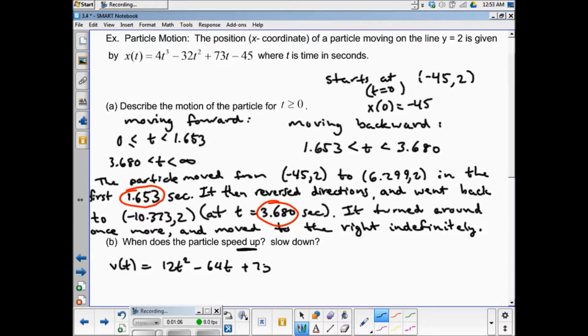So it's just the derivative. Okay, the speed is increasing would mean that the absolute value of v of t is increasing.